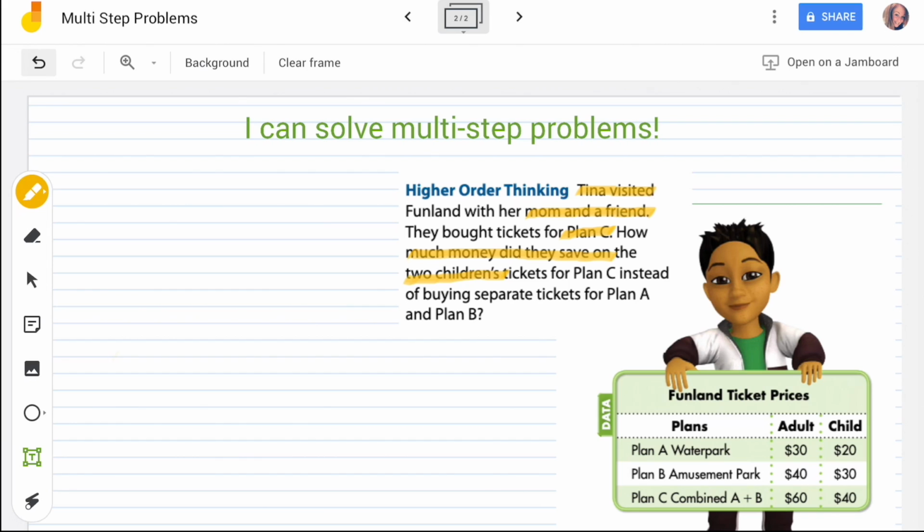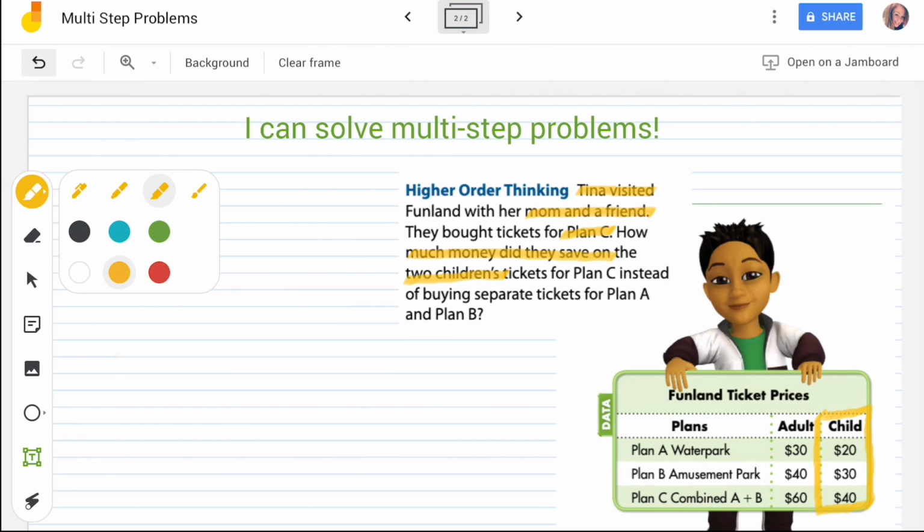So Tina went with her mom and a friend, 1 adult, 2 kids. In this problem, do I need to worry about the cost of the adult ticket? No, I do not. I am just going to be comparing the prices for 2 children's tickets.